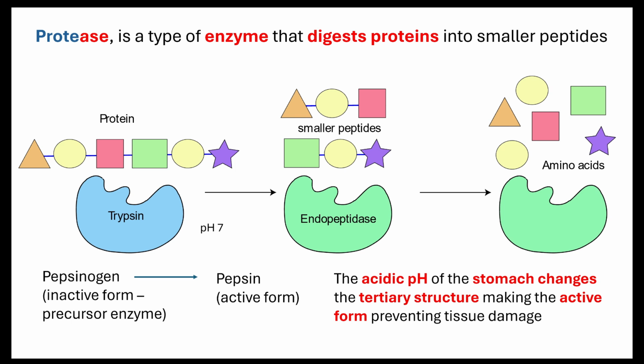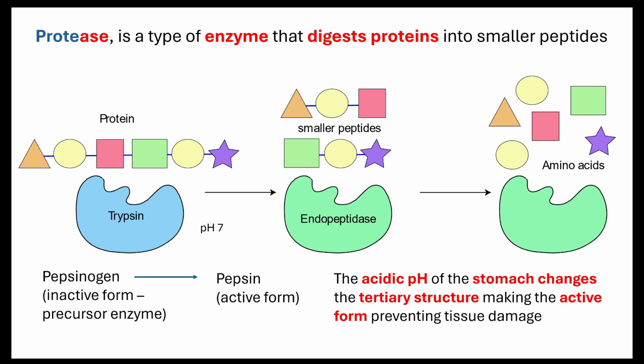After it has been released by exocytosis out of the cells in the stomach into the stomach environment, which is an acidic environment, the acidic pH of the stomach will change that tertiary structure, and that makes the pepsinogen be converted into the active form, which is pepsin.